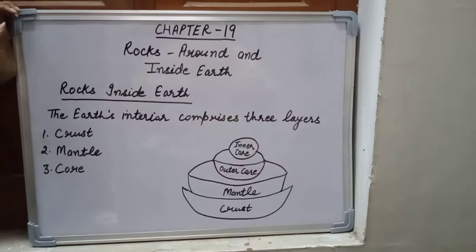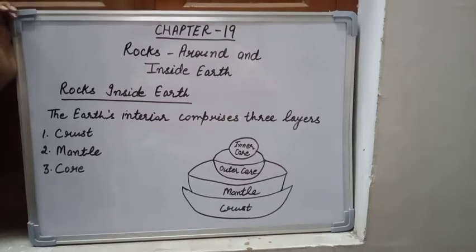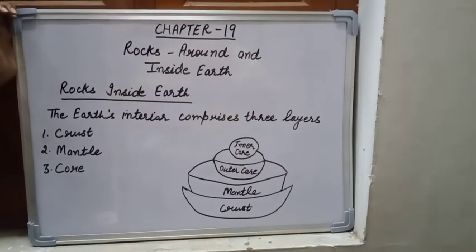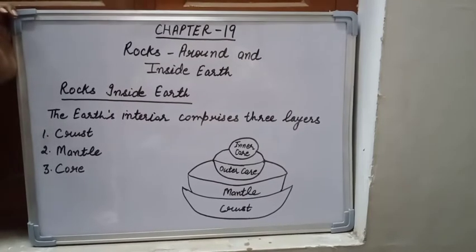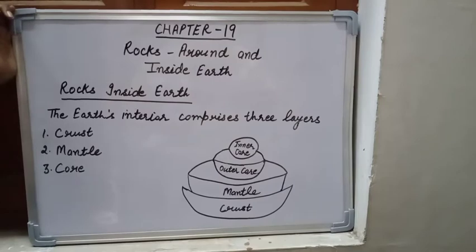Similarly, the density of the earth is the highest in the core and gradually reduces towards the crust. As we move from core to the crust, its density reduces slowly.